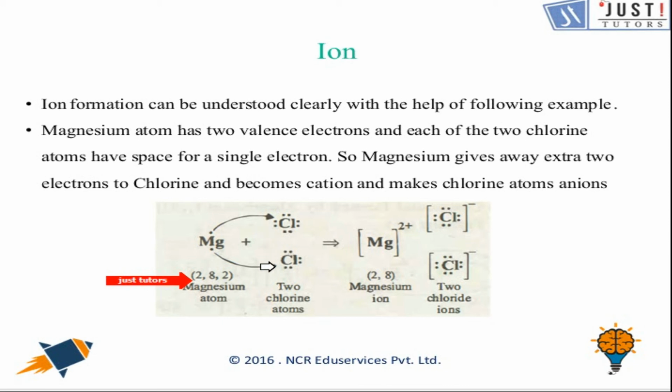So they need one single electron in their orbit. So magnesium gives away its extra two electrons to chlorine and becomes a cation. Here the one who gives becomes the cation and the one who receives becomes the anion. So magnesium is a cation whereas chlorine is an anion. I hope you get a better understanding about ion.